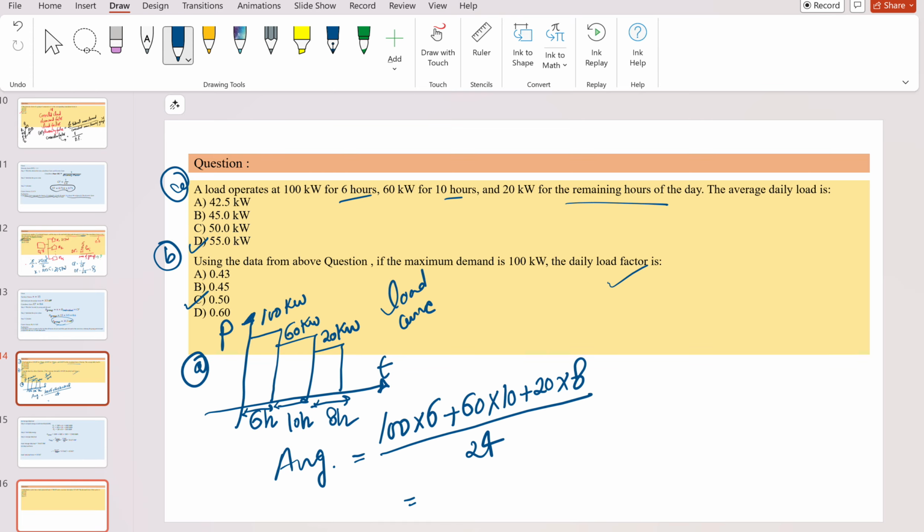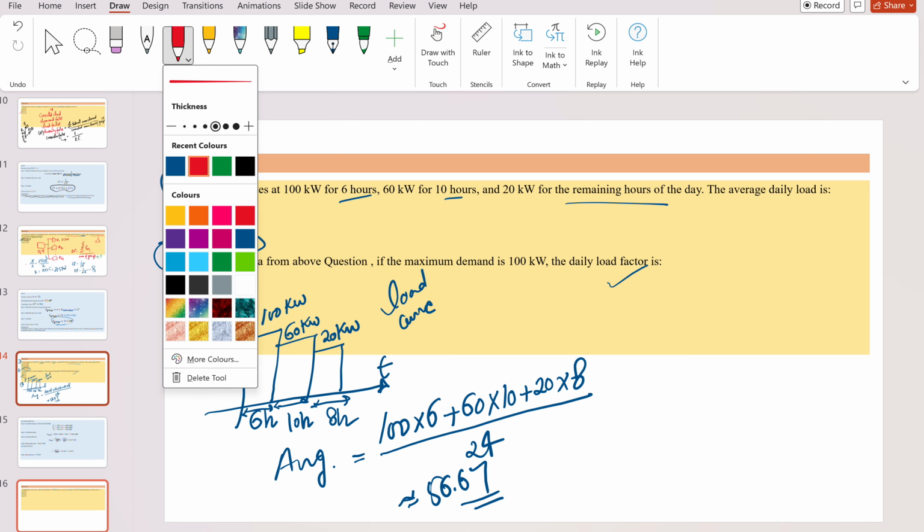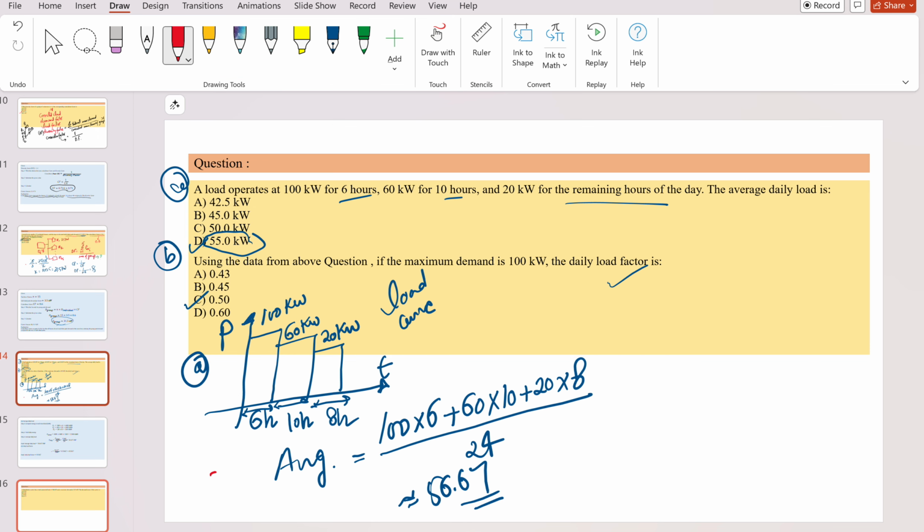It will be 600 plus 600 plus 160, divided by 24. It is coming out to be nearly 56.67. So 55 is a nearby answer, so option D is correct.